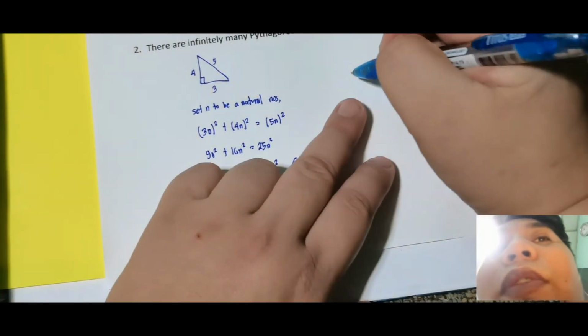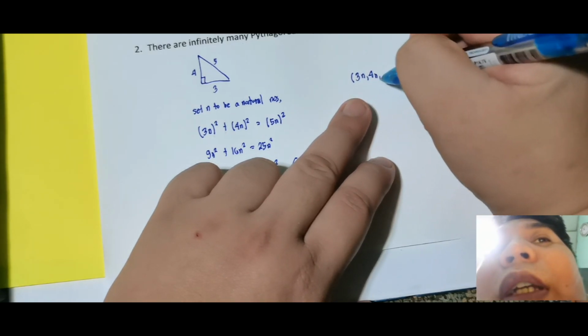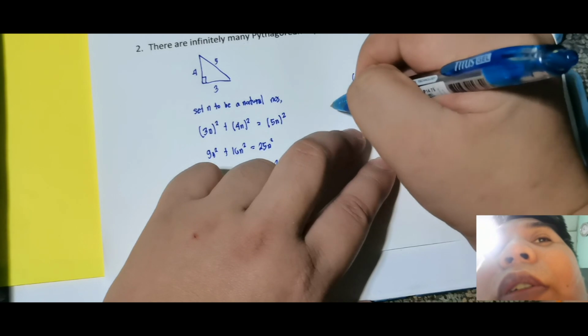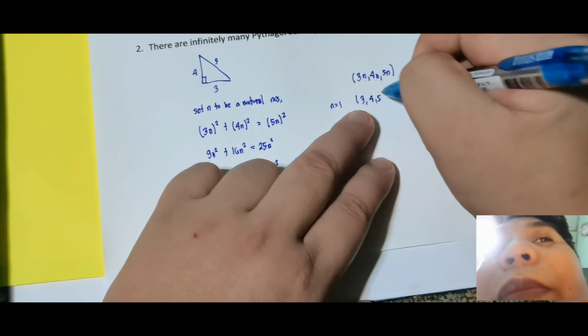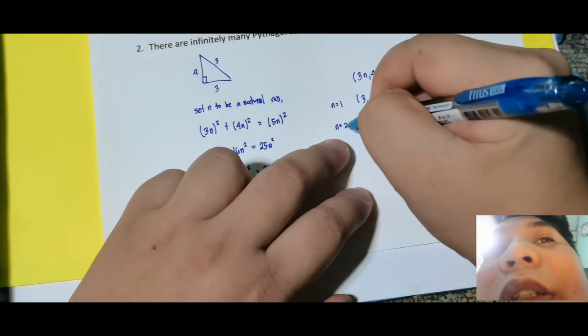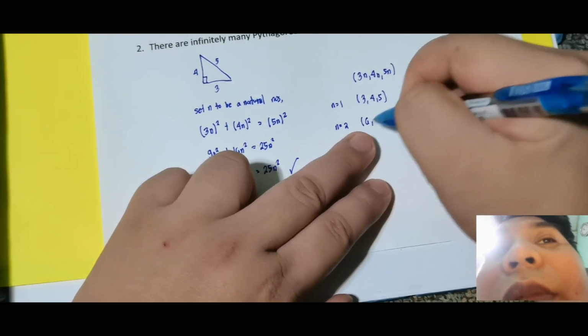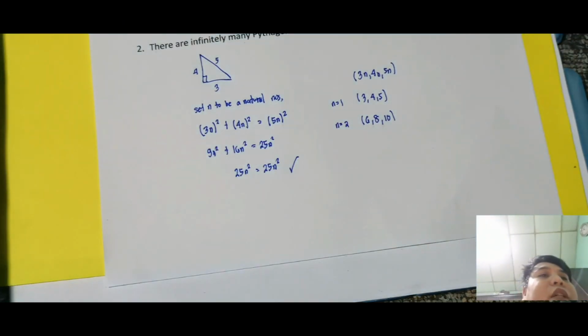Ano ibig sabihin nun? For example, kunin ko to. Let's say 3n, 4n, 5n. So, meaning n is equal to 1. This is 3, 4, 5, which is a Pythagorean triple. Ngayon, n is equal to 2. That is magiging 6, 8, then 10. So, check natin kung Pythagorean triple si 6, 8, 10. That is 6 squared plus 8 squared, that is 100.